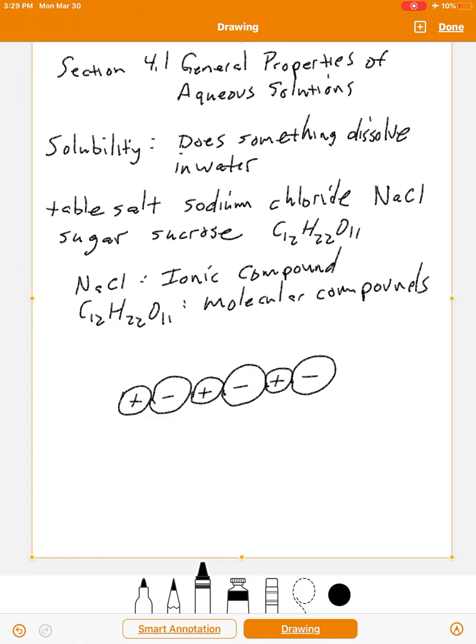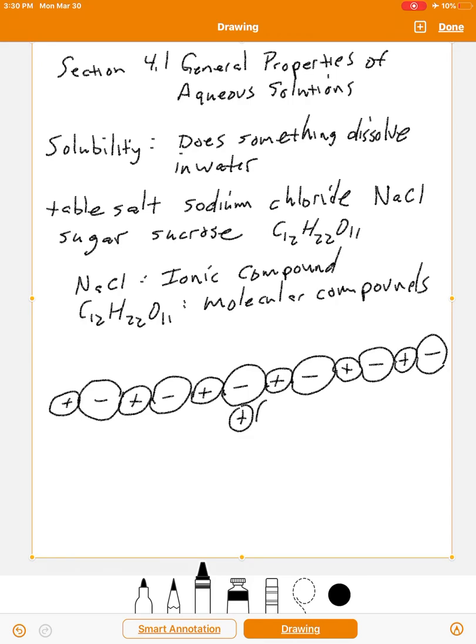So this would be perhaps thinking about the top surface of a grain of salt, with the sodium ions being positively charged and the chloride ions being negatively charged. So alternating positive and negative ions.